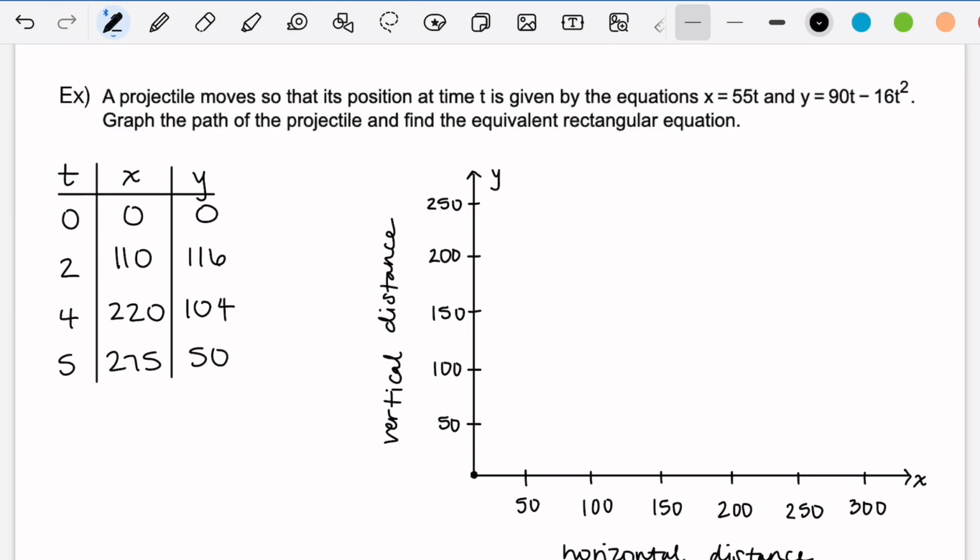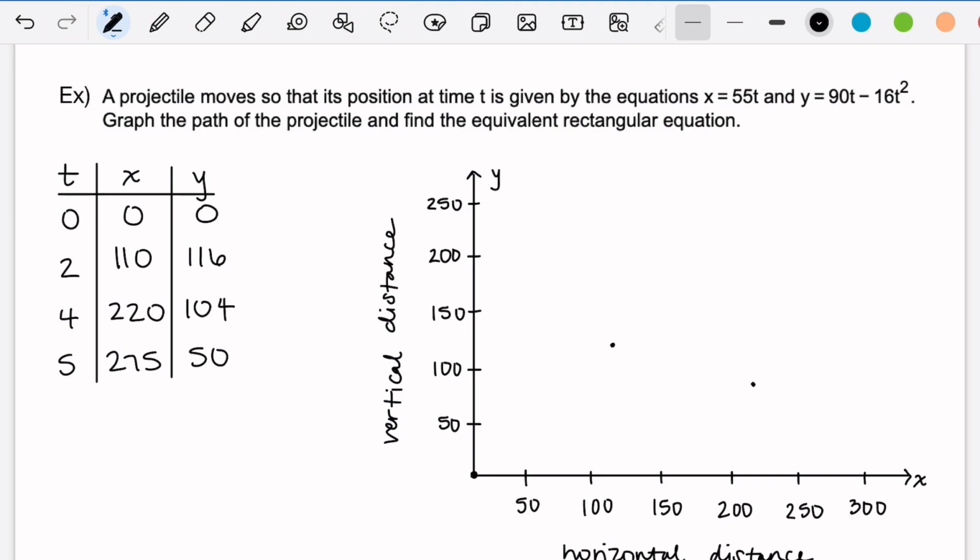Then when our horizontal distance is approximately 110, our vertical distance is going to be 116. So maybe somewhere around there. Then when our horizontal distance is 220, our vertical distance is 104. So it's dropping a little bit, which makes sense with gravity. So maybe right about there.